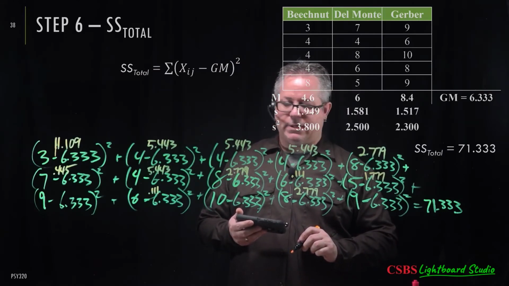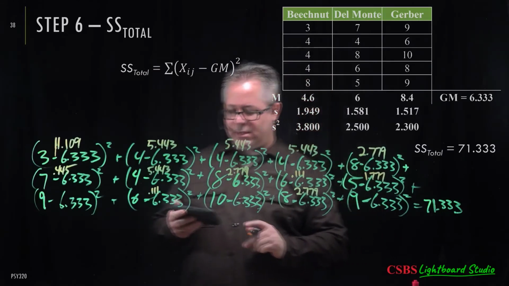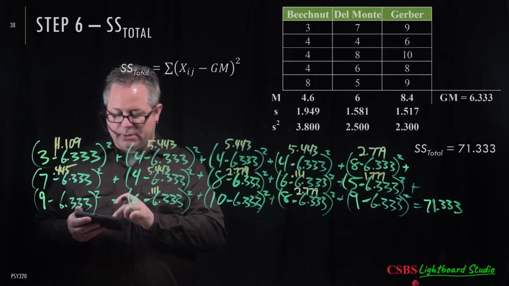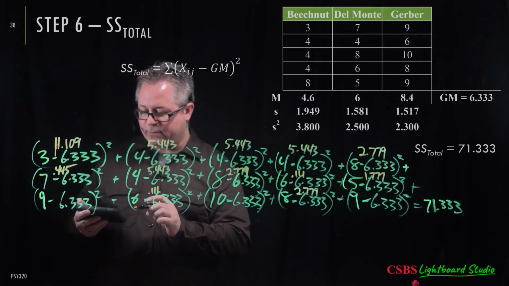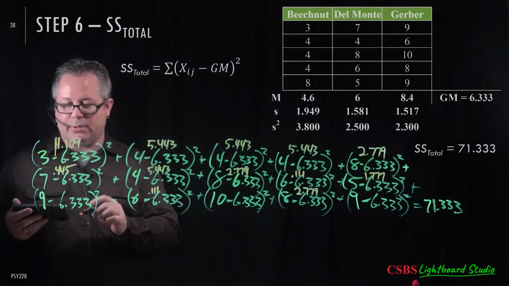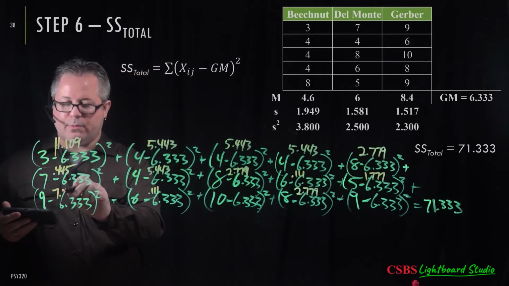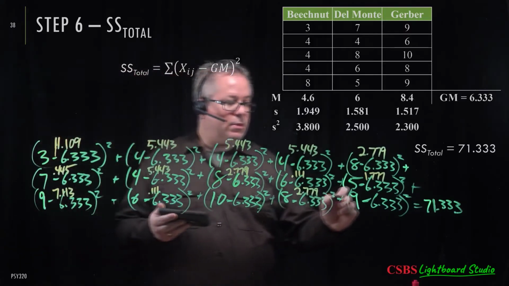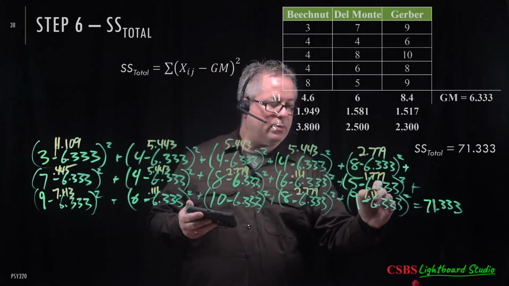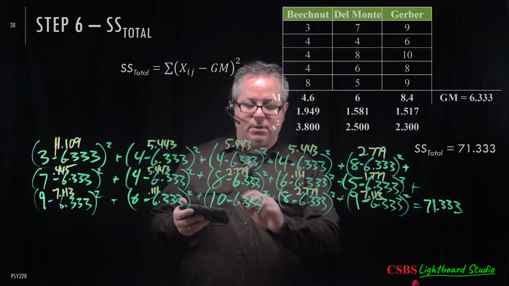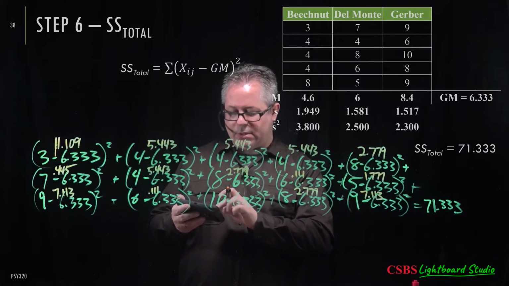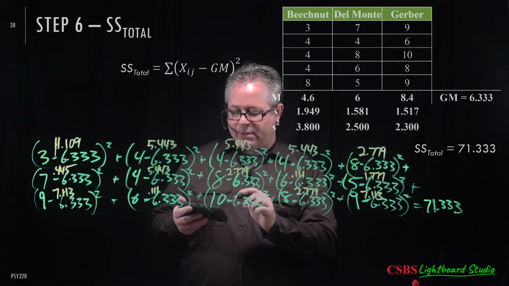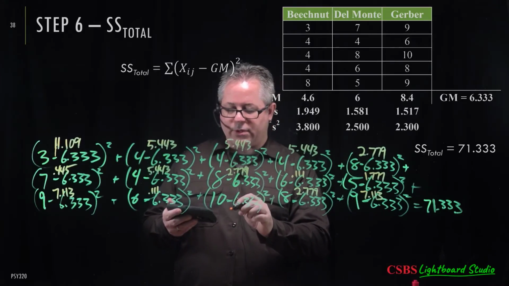So let's do 9. 9 minus 6.333 equals 2.667 squared is 7.113, 7.113, 7.113. And then this last one, 10 minus 6.333 equals 3.667 squared, 13.447.